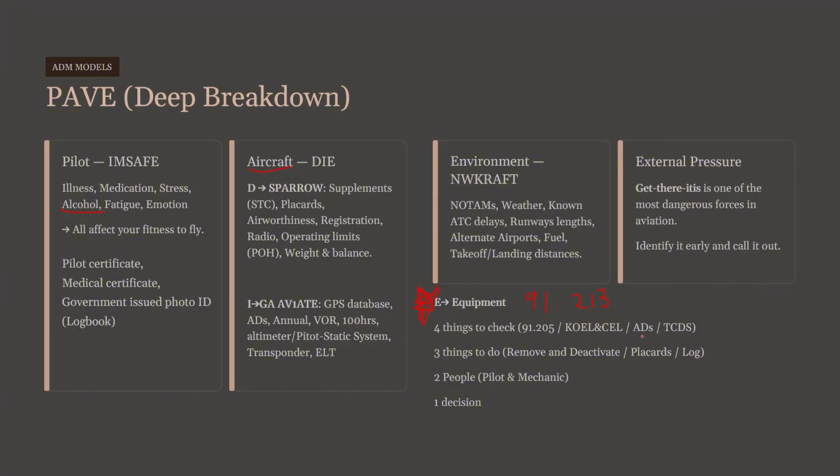Okay. And now third is airworthiness directives, ADs. These are legally enforceable rules issued by the FAA to correct unsafe conditions. So I would check if there's an AD that requires that specific equipment to be installed and operational. If an AD applies, then the equipment must be functional for the aircraft to be airworthy.